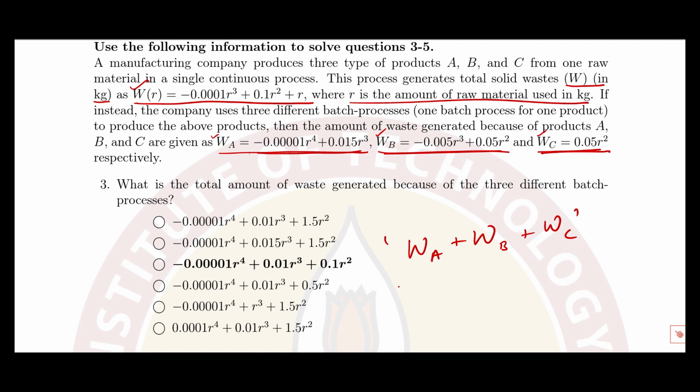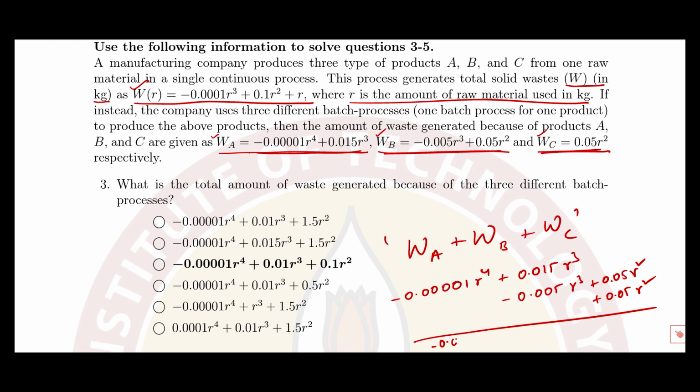So W of A is nothing but minus 0.00001 R power 4 plus 0.015 R cube, and W of B is nothing but minus 0.05 R cube plus 0.05 R square, and W of C is nothing but 0.05 R square. If we add all these three, we get minus 0.00001 R power 4 plus 0.01 R cube plus 0.1 R square. So if you see the options, option 3 is the right answer.